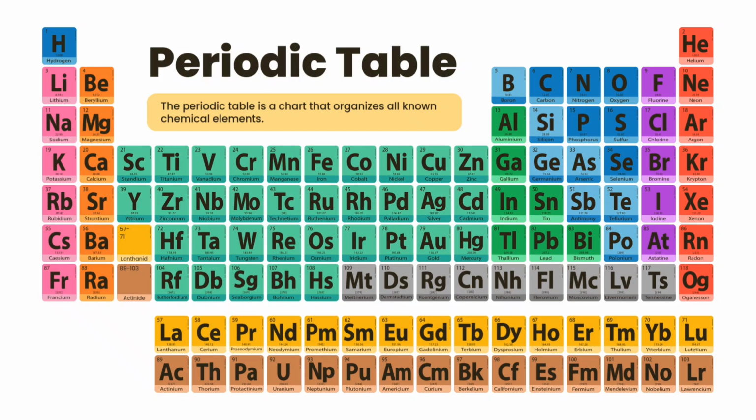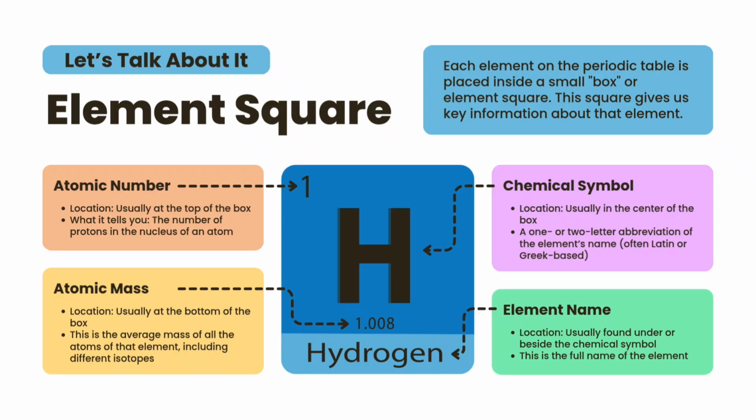Every element in the periodic table is represented by a small box called an element square. Let's understand what information this box gives us. At the top, we have the atomic number. This tells us the number of protons in the atom. In the center, we see the chemical symbol.